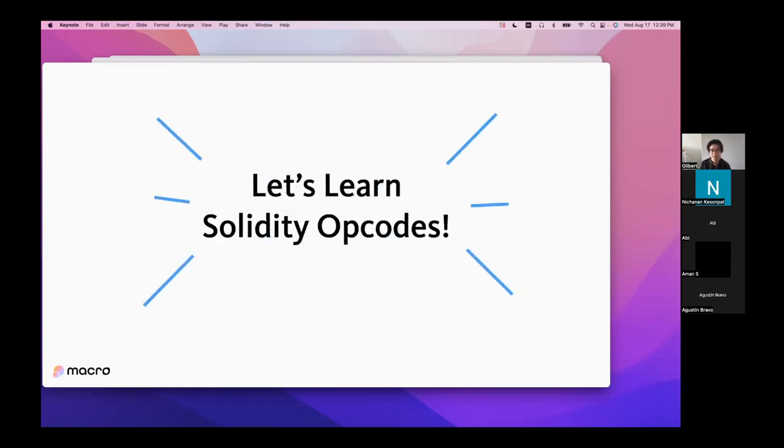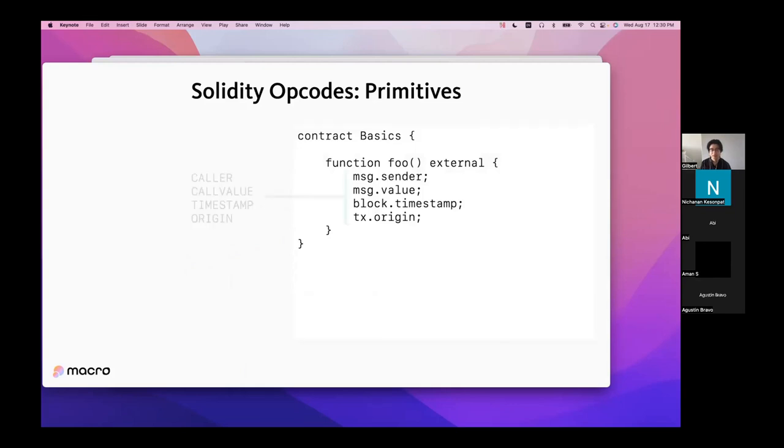Let's look at Solidity opcodes. With Solidity, we have basic stuff like message.sender, message.value. Now here it looks like we're accessing some object or some hash map, whatever. But we're not. Each line, not optimized, gets compiled down to a single opcode each.